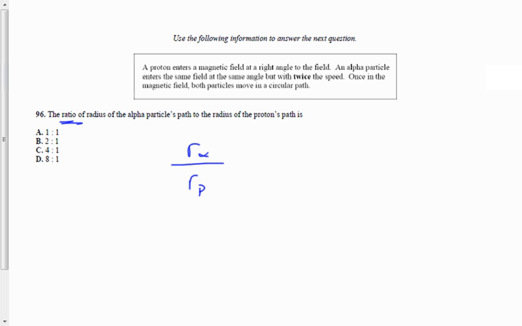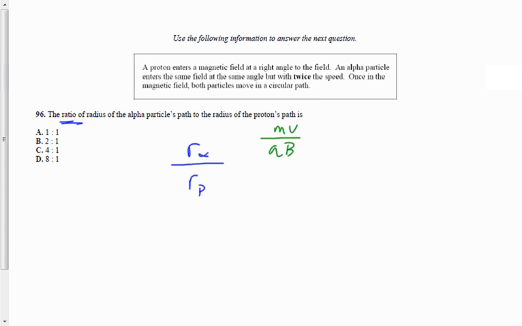Now, if we knew the numbers for both of those, then that'd be great. All we'd have to do is divide them, we'd be done. But we don't. So let's put in expressions for them. The radius of the alpha particle's path is mv over qB. Okay, we derived that equation several times here, right, from Fc equals Fm. But we got to be careful to use some subscripts here.